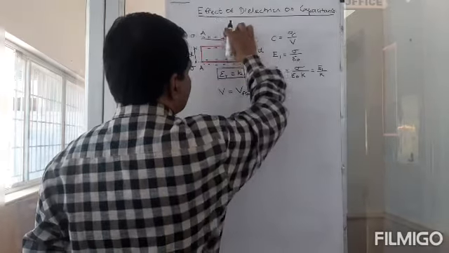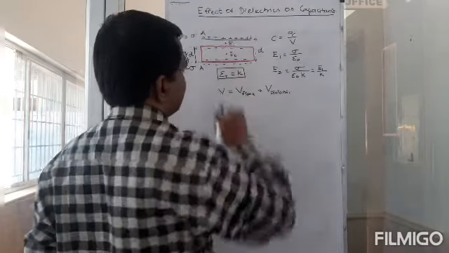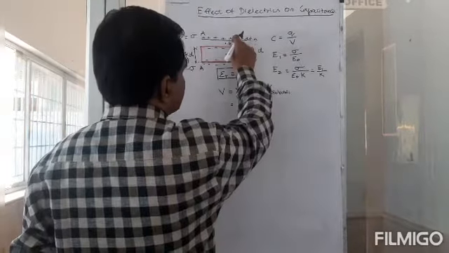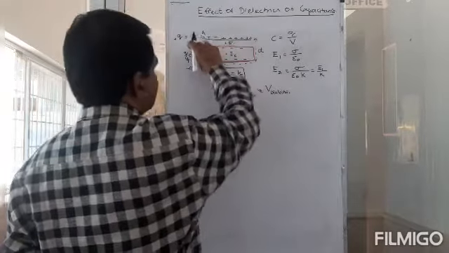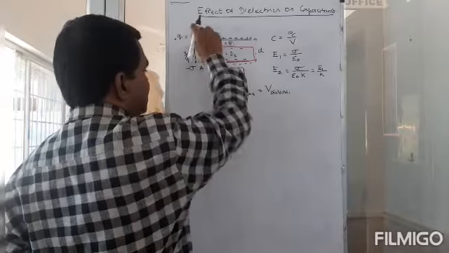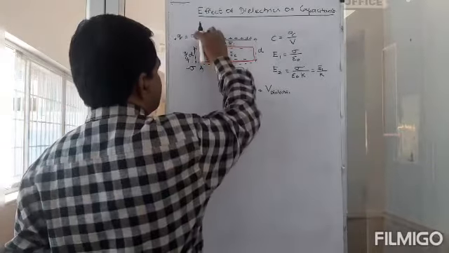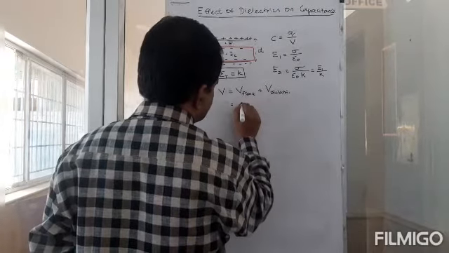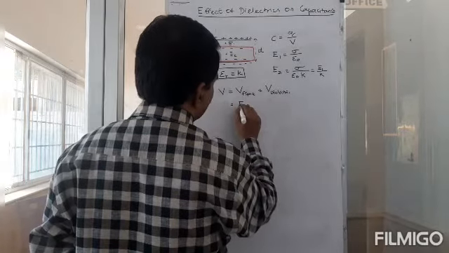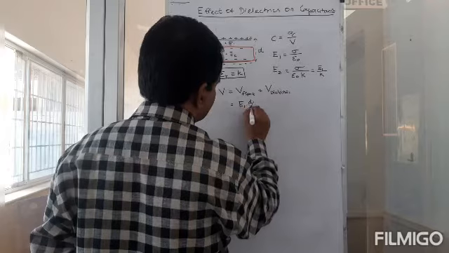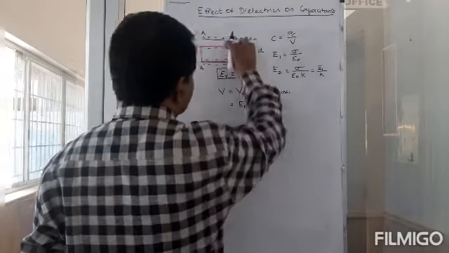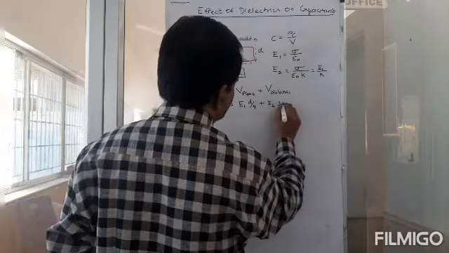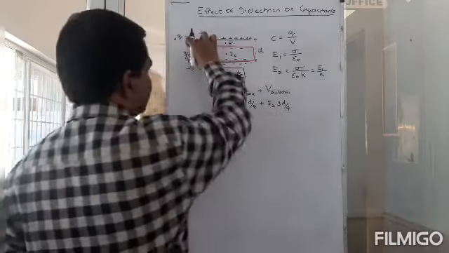So what is that potential difference? It is simply E1 into, if this is 3/4 of D, this thickness will be D by 4. So that is E1 into D by 4 plus E2 into 3D by 4, this thickness.